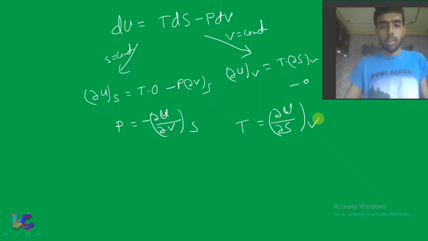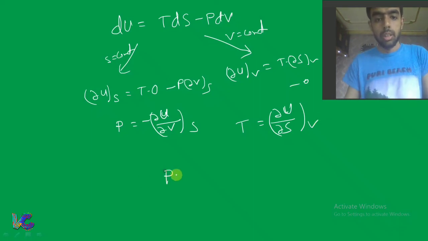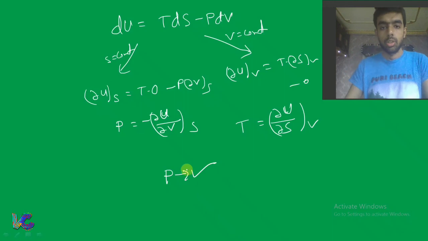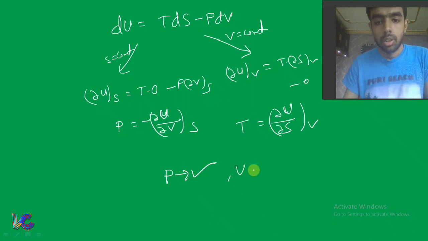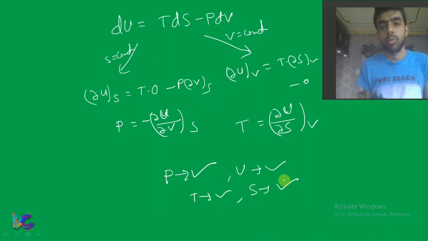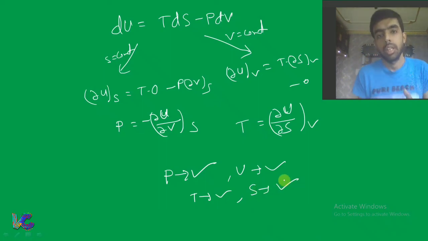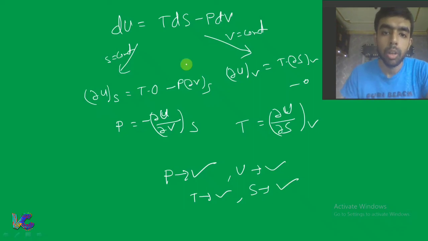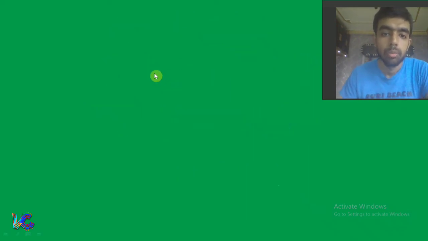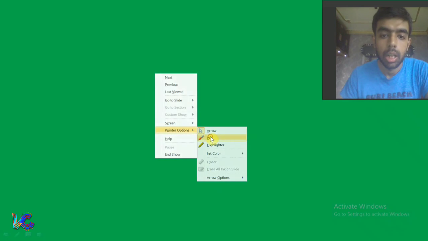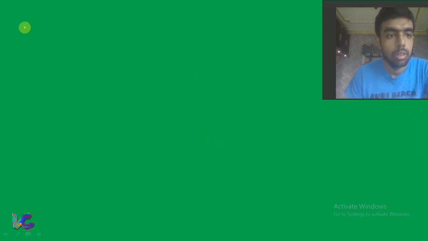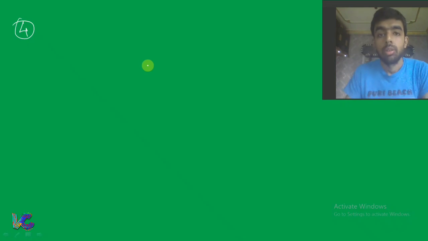So for P you get two equations, for V you get two equations, for T you get two equations, and for S also you get two equations. Now these 8 equations you can also get by using the Born thermodynamic square. So this is the fourth application of the Born thermodynamic square.